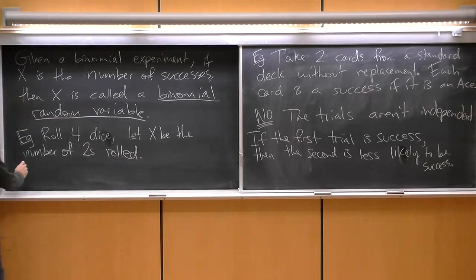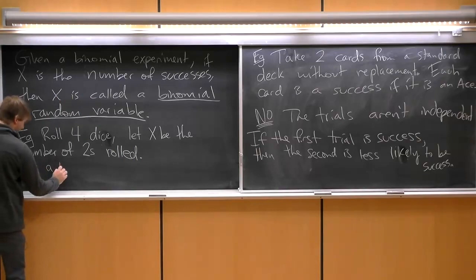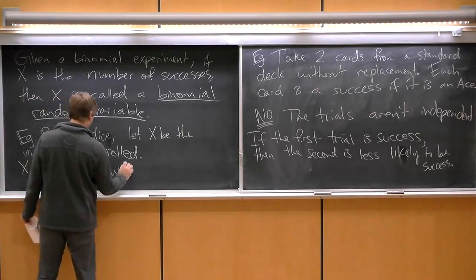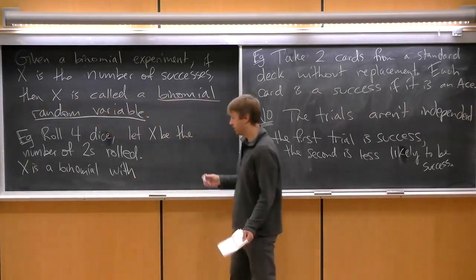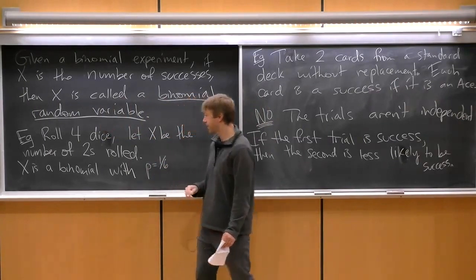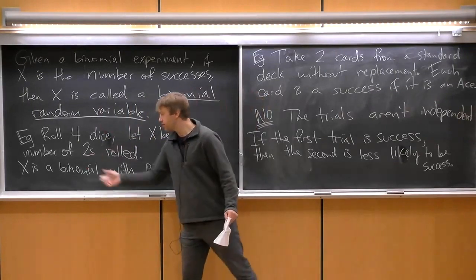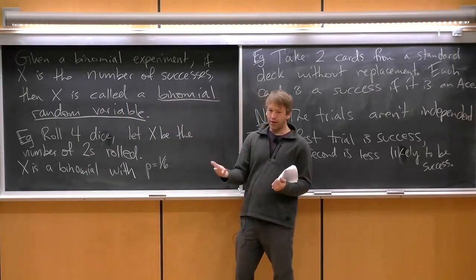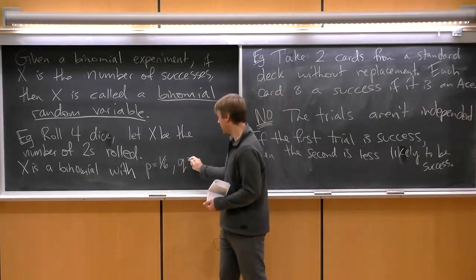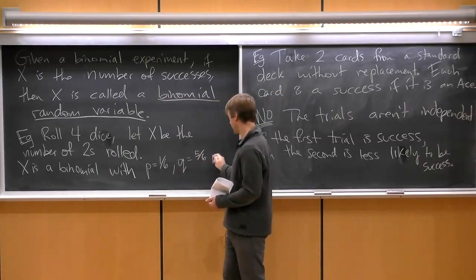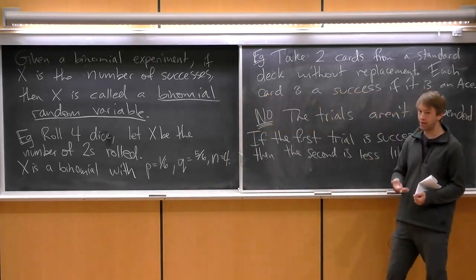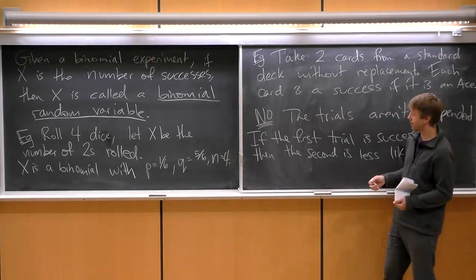Then x is a binomial random variable with p equal to 1 over 6, because x is the number of 2's, so when we roll the die, a 2 is a success. q would be 5 over 6, and n is 4, right? Because we're doing 4 trials. Okay.